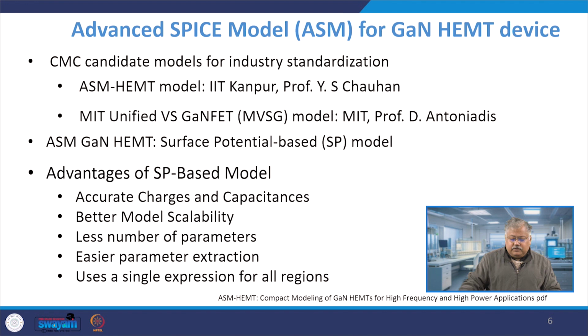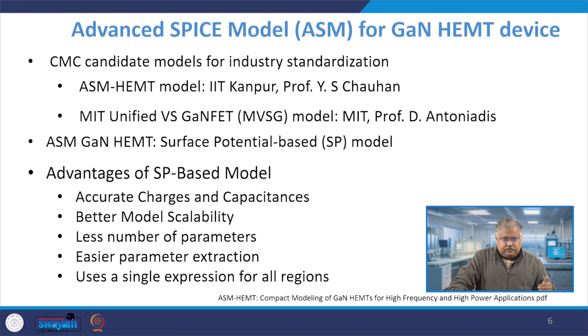The last model is an advanced SPICE model for GAN HEMT models, and typically the CMC candidate, which is a compact model candidate for industry standardization, is the ASM HEMT model, which was developed at IIT Kanpur, and we also have the MVSG GAN FET model which was developed at MIT.